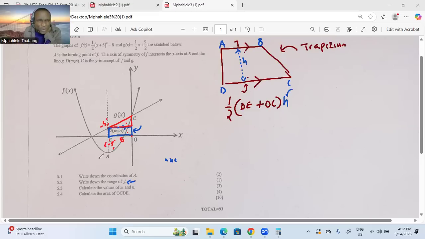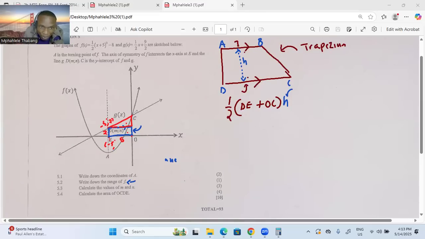I wish I could remember the value of N. Oh, I said it's 2. -5 plus 9, it's 4. Yes, it's 2, which means that the distance from E to D is 2.